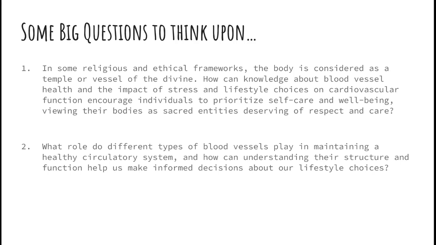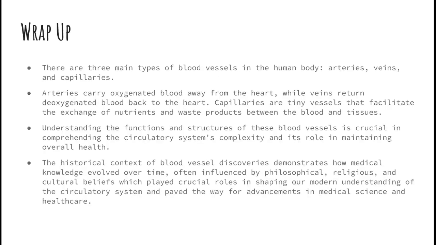So it's time to wrap up the lesson. We discussed that there are three main types of blood vessels in the human body: arteries, veins, and capillaries. Then we discussed that the arteries carry oxygenated blood away from the heart, while the veins return the deoxygenated blood back to the heart.